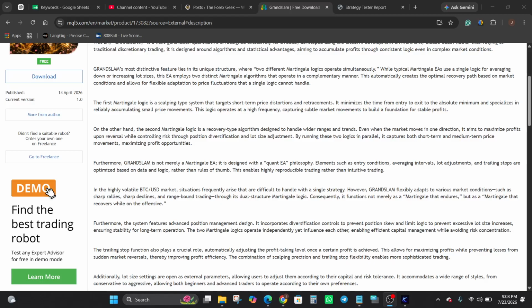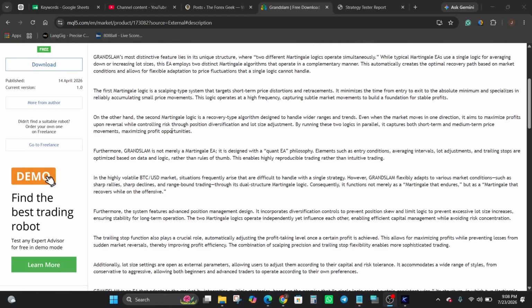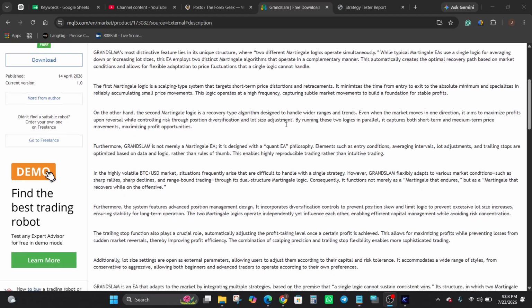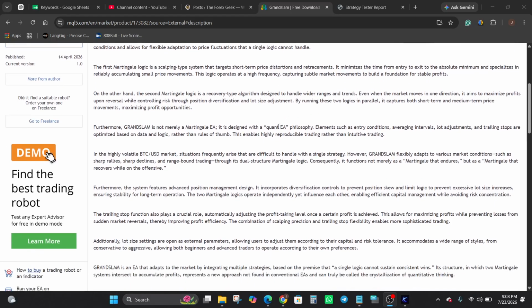The idea is to capture relatively small price movements by entering and exiting the market quickly whenever suitable opportunities appear. Then the second logic has a different role.